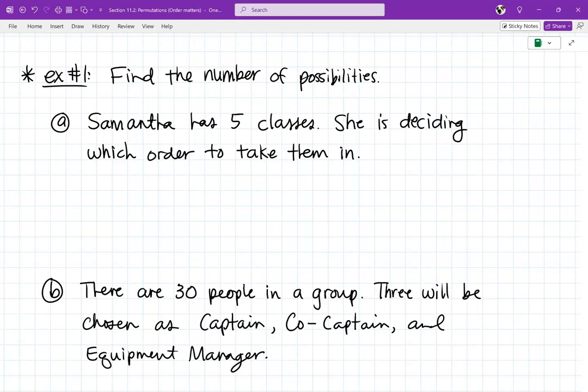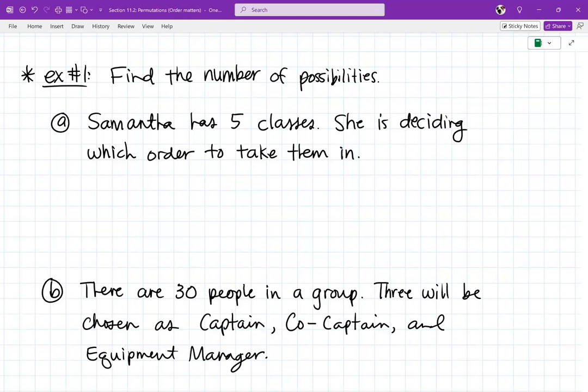Would the order matter to you, what order you're taking your classes in, or not? It wouldn't for you? For me, it would. I would want math in the morning because my brain works best in the morning. I would hate to have math at the end of the day when I'm tired and I just don't want to be here anymore.